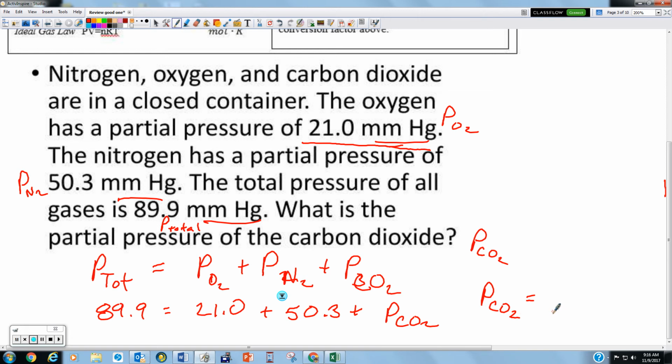And what do we come up with? 18.6. All right, does that make sense?